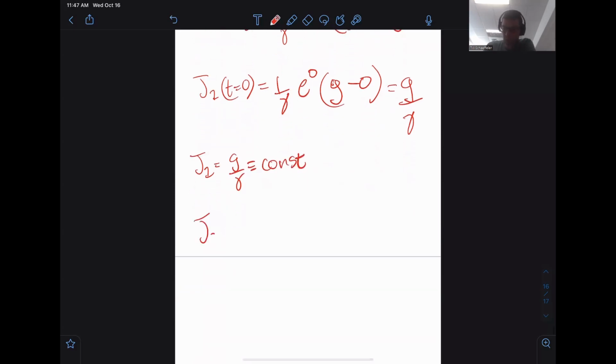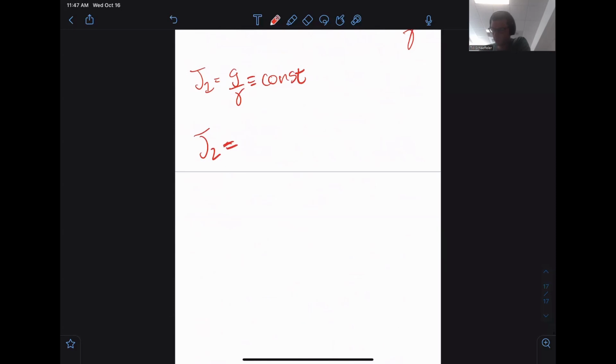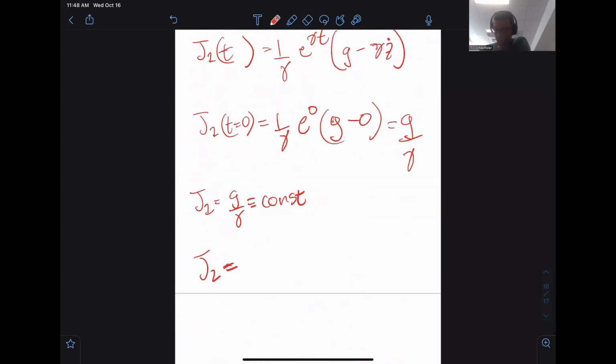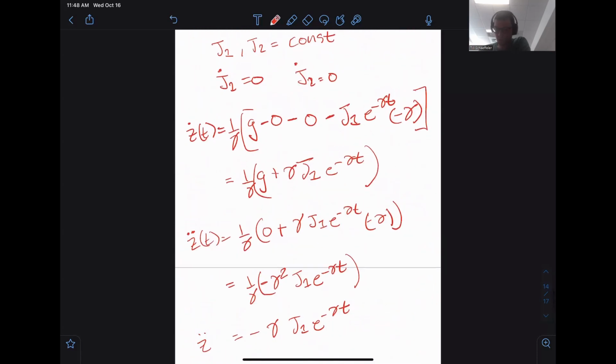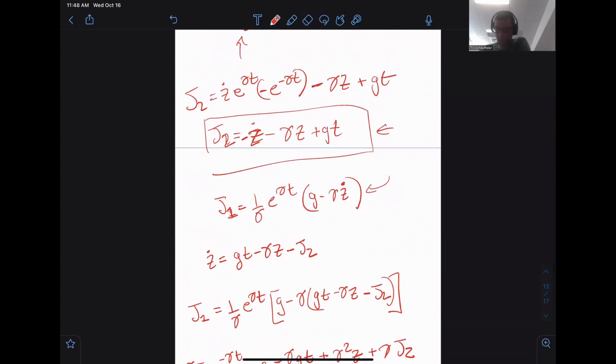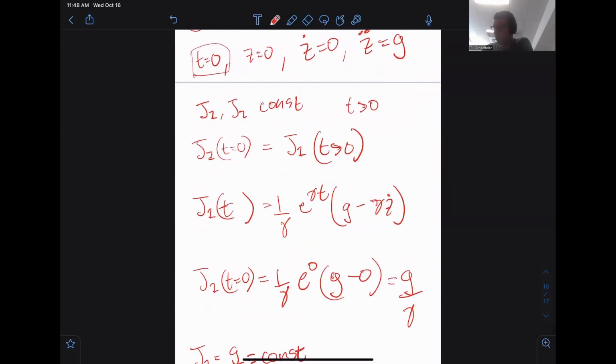And what about J2? Well, at t equals 0, z dot is 0, z is 0, and t is 0. So J2 at t equals 0 is actually just equal to 0.